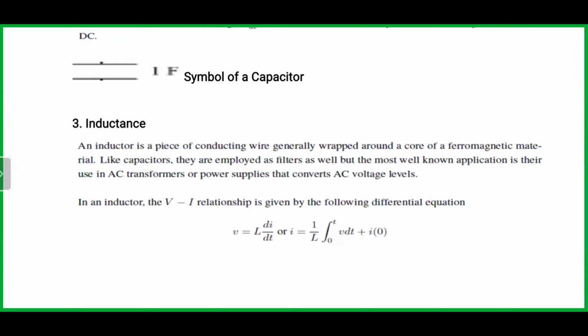And current in the inductor, look at that, is inversely proportional to the inductance. So that's why we have current is equal to 1 over L, integral of V dt plus I at 0.